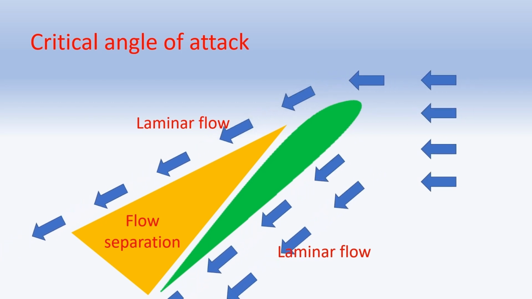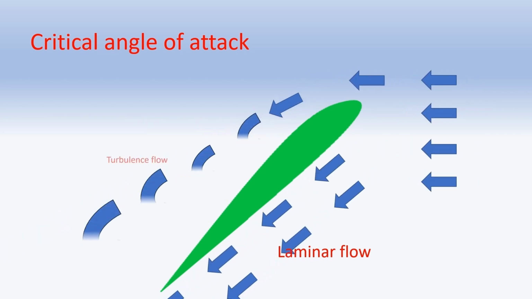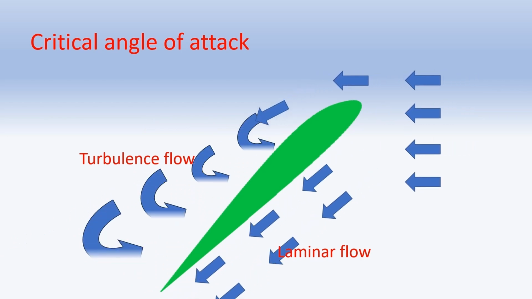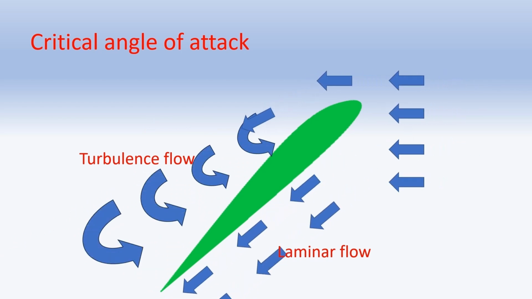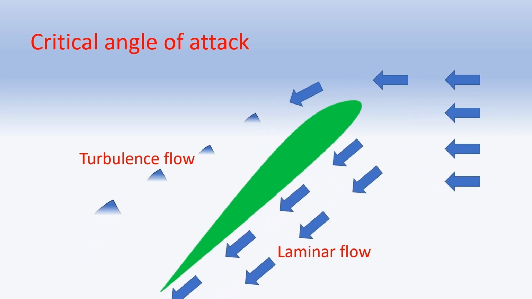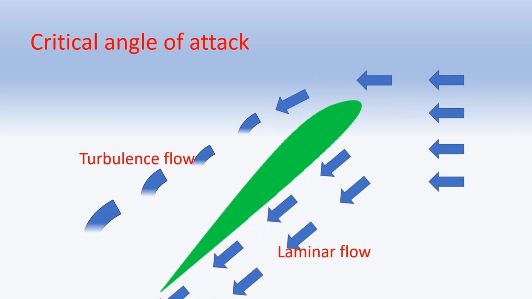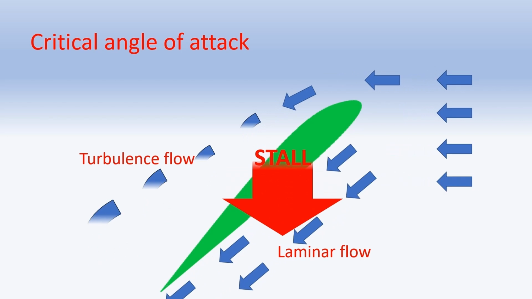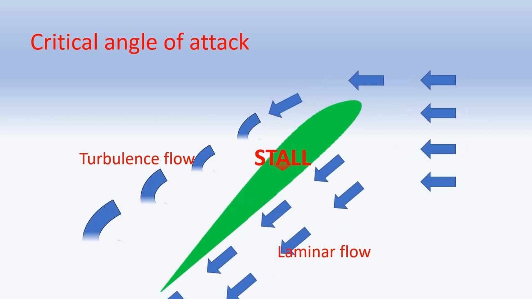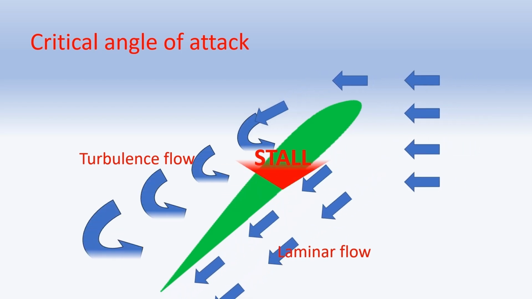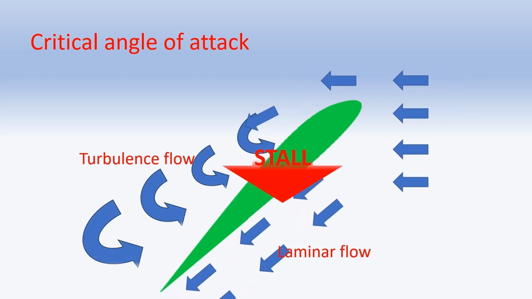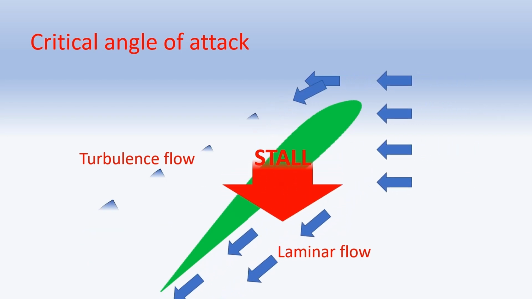Instead, the wing's surface will drag the flow, causing it to become turbulent. When this happens, there is no pressure difference, and no lift is generated. Thus, the aircraft will fall. This situation is called a stall. To avoid a stall, the angle must not exceed the critical angle of attack.